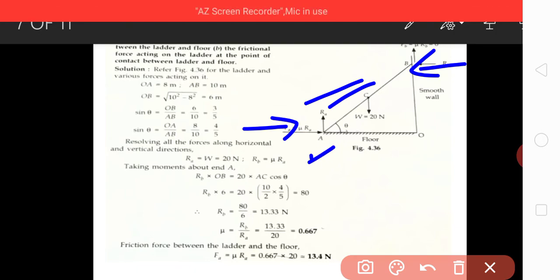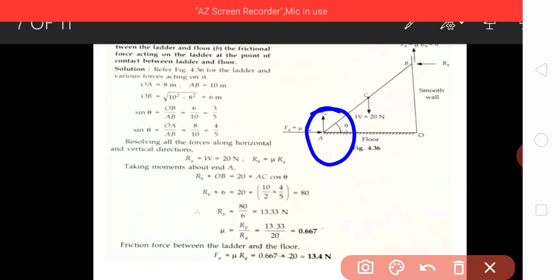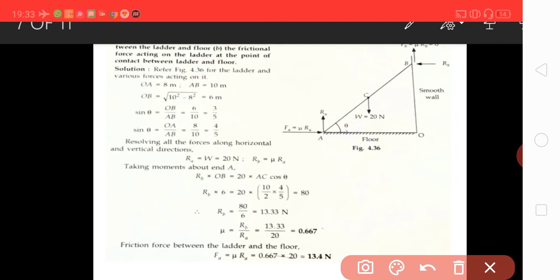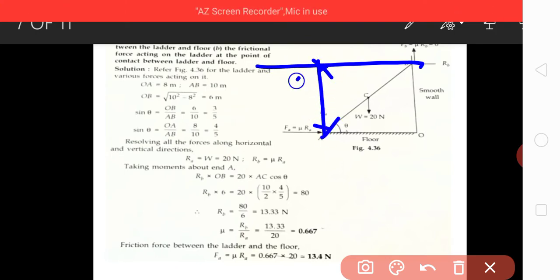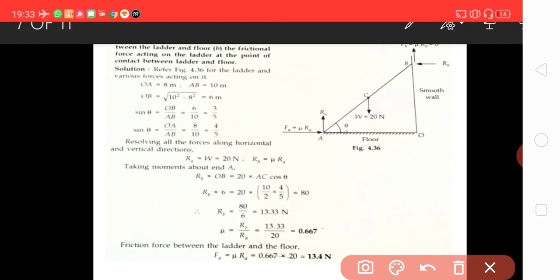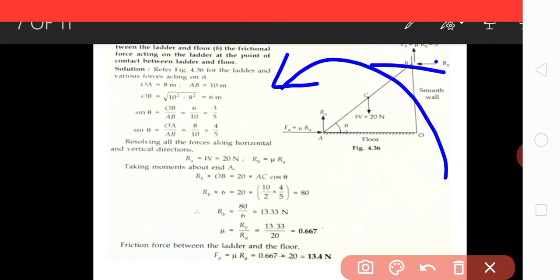Now taking moment about A, we have to take moment about this point here. Then mu B RB is 0, so not to take. Then RA into 6. This is the line of action, and this is the shortest distance, 6 meter. The moment will be anti-clockwise.